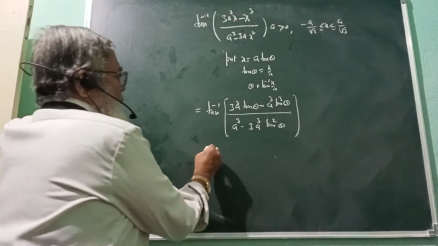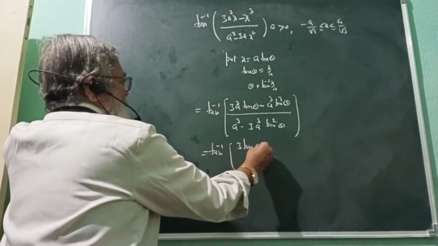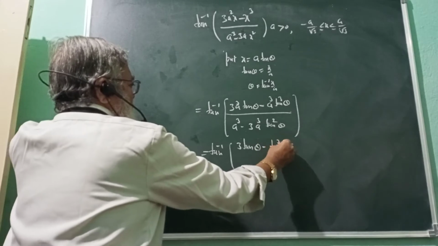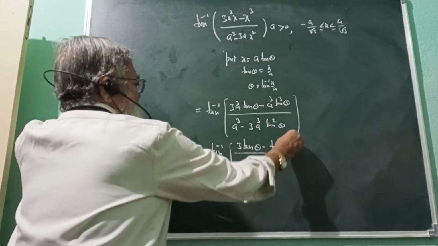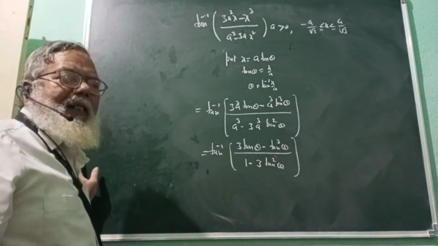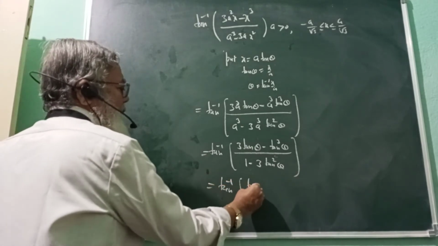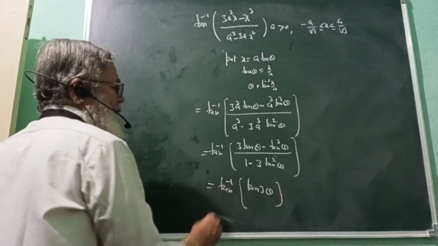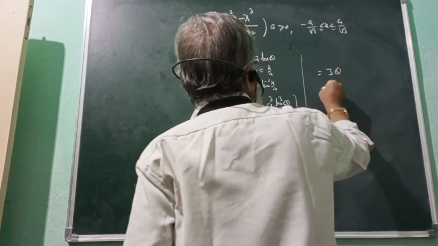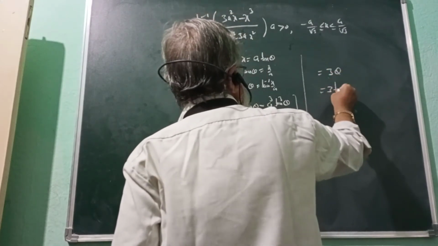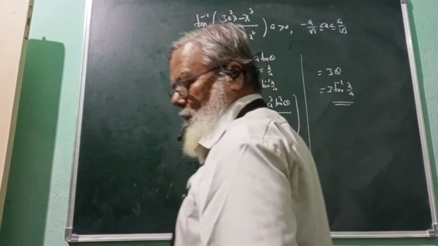So we can write this as tan inverse of (3 tan theta minus tan cube theta) divided by (1 minus 3 tan square theta). See carefully, this is the formula of tan 3 theta. So we can write tan inverse of tan 3 theta. Now tan and tan inverse cancel each other, so what remains is 3 theta, and theta is nothing but tan inverse x by a, which is the simplified form of the given problem.